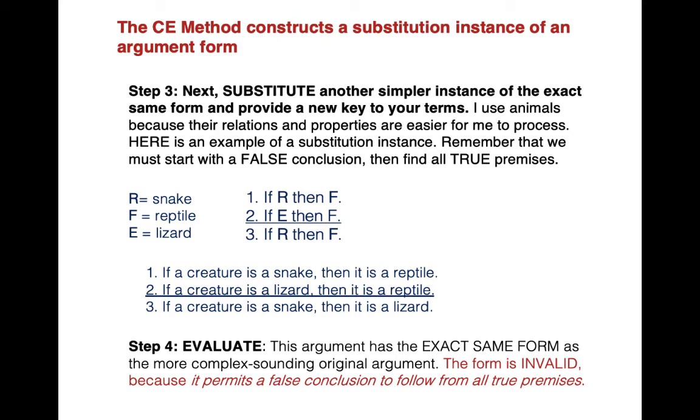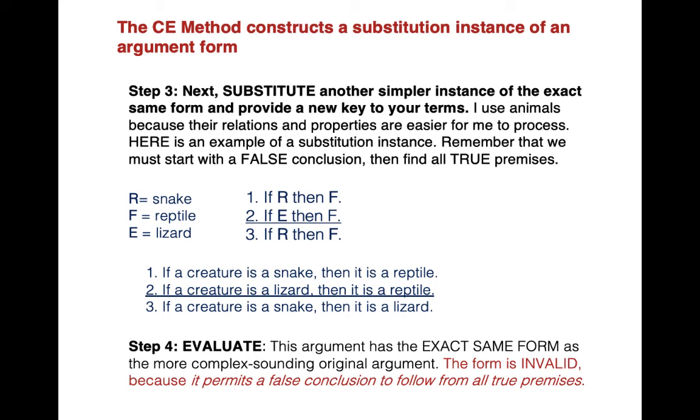That is, state two claims, two conditionals. In this case, we're trying to realize this pattern. State two conditionals where the claims are true. We already have a false conclusion. Now get a true set of assumptions based on my key here, my thoughts about snakes and reptiles and lizards. Here we go. Number one, if a creature is a snake, it's a reptile.